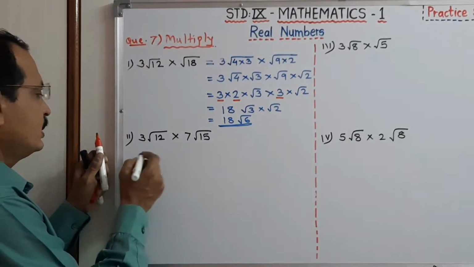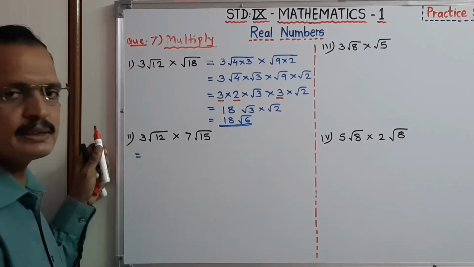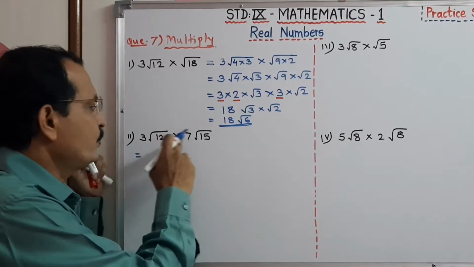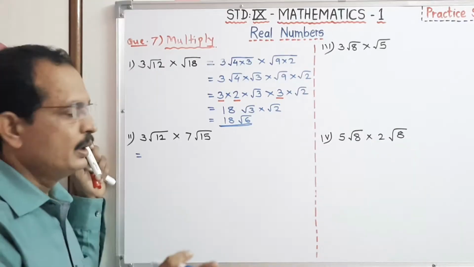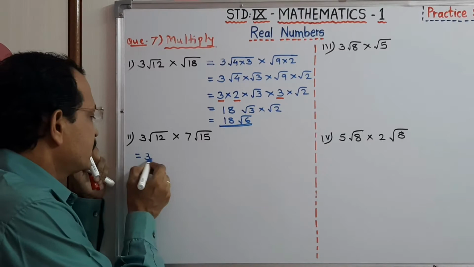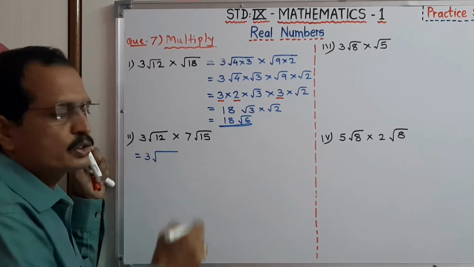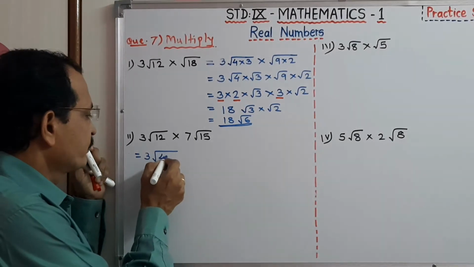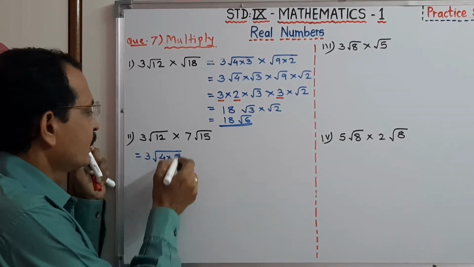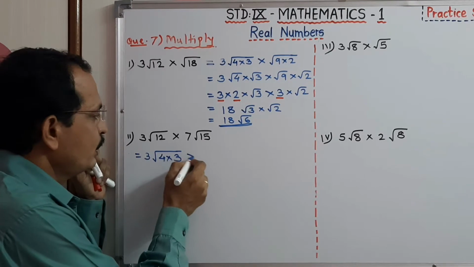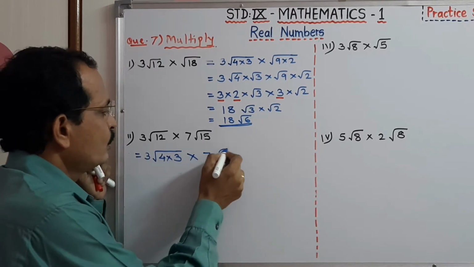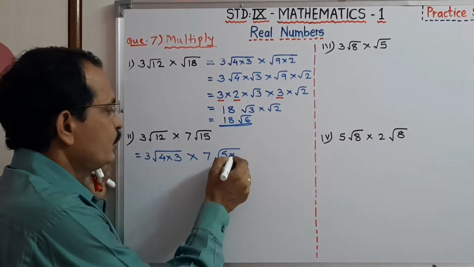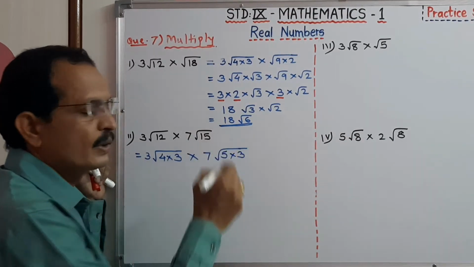Now see the next one. Very simple. You just have to factorize the radicand. Then see here 3. Tell me the factors of this 12. It is 4 threes are 12 into 7 root 15. Root 15, it is 5 into 3. Okay.